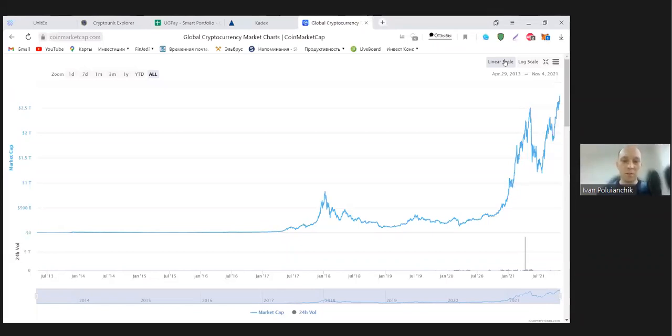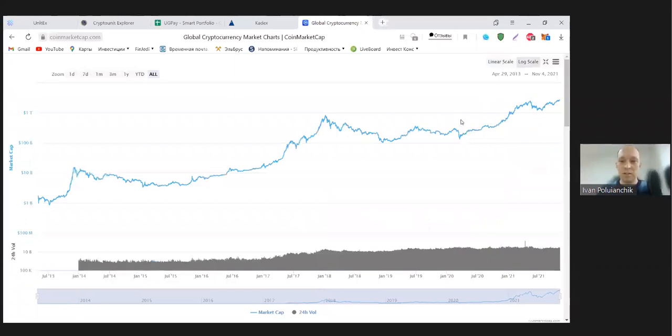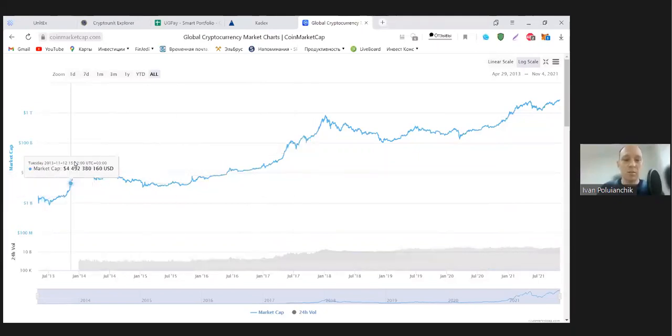This scale, actually this chart, shows the amount of increase in the value, 1,000, 1 million, whereas the log scale shows the percentage of growth in price compared to the previous period. And in this chart, you can clearly see that there are the spikes, there are the waves.